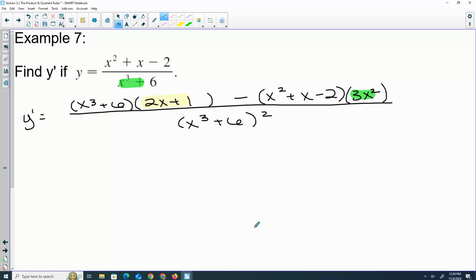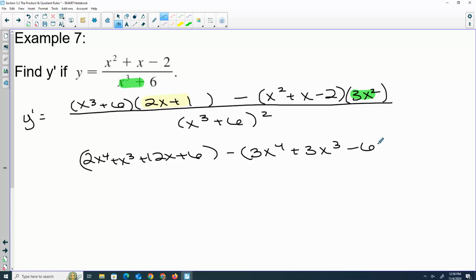If I multiply out the top, I get 2x to the fourth plus x cubed plus 12x plus 6, minus over here 3x to the 4th. I am not going to FOIL on the bottom.